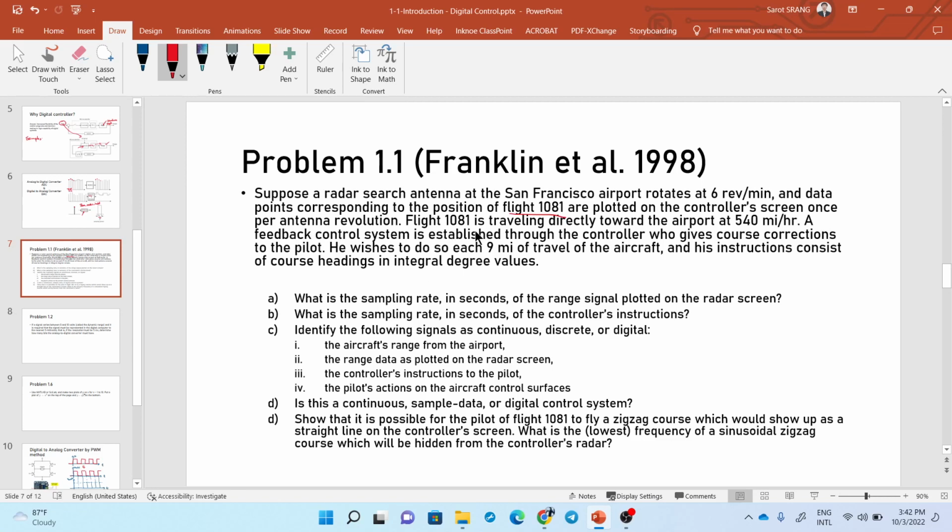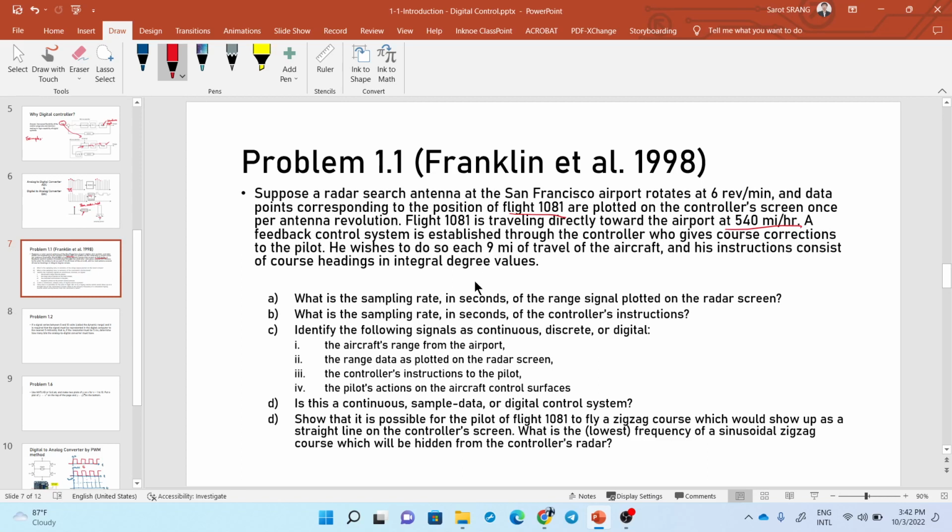Flight 1081 is traveling directly toward the airport at 540 miles per hour. A feedback control system is established through the controller who gives course correction to the pilot. He wishes to do so each 9 miles of travel of the aircraft. And his instructions consist of course heading in integral degree values.